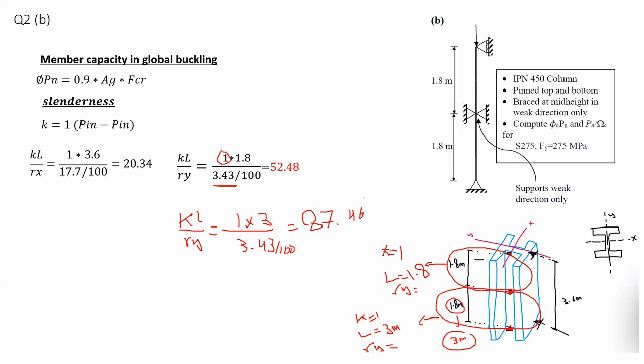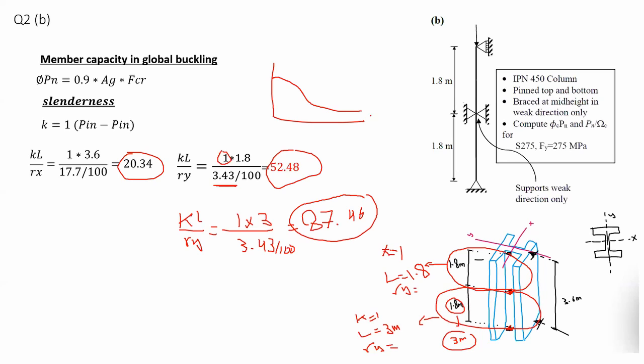Now realize something: you have this value and you have another value there. You will treat each one differently. You will not sum anything. You will just consider this figure, which is KL over R, for your FCR capacity. So which value am I going to proceed with? Of course, the biggest value, which is this one, 87, because this would result in a lower capacity for the column. So you do not sum this value and that value. This is wrong.